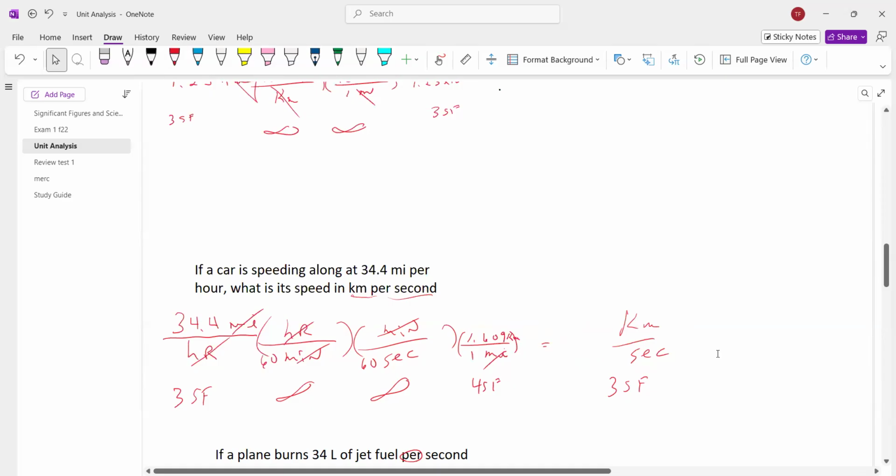Okay, again, multiply everything on the top. Hit the divide key, everything on the bottom. So we're going to hit the divide key 2 times. I'm not going to do it on the ones unless you're OCD. Then put the ones in.